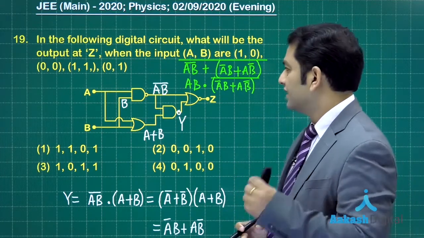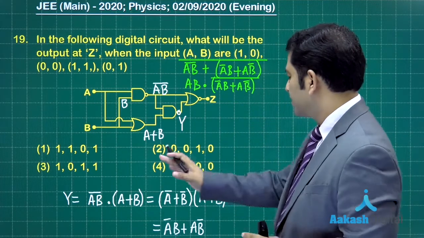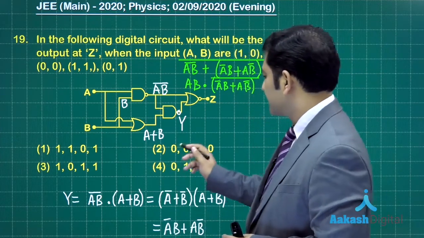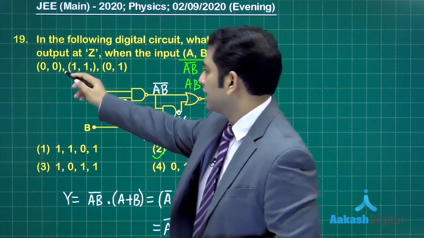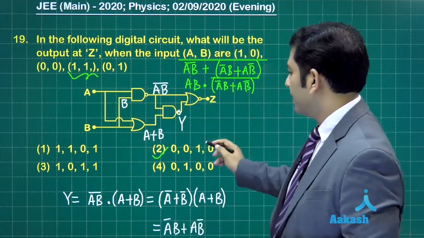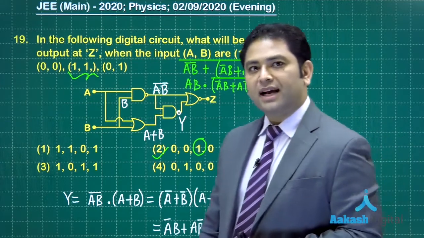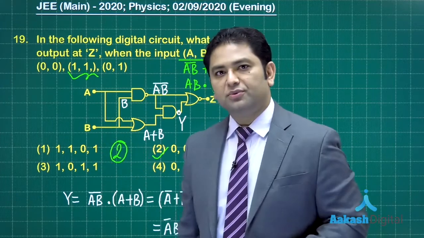So in that case, the output has to be 0. First, second and fourth. Straightaway there is a match with the second option. First, second, fourth, the output is 0. Additionally, for the third inputs, you can put and verify, you would get the output as 1. So for question number 19, the correct option comes out to be option number 2.